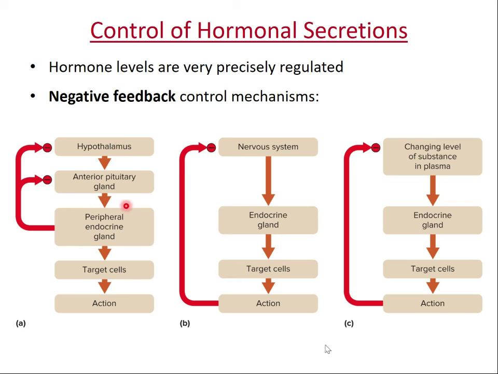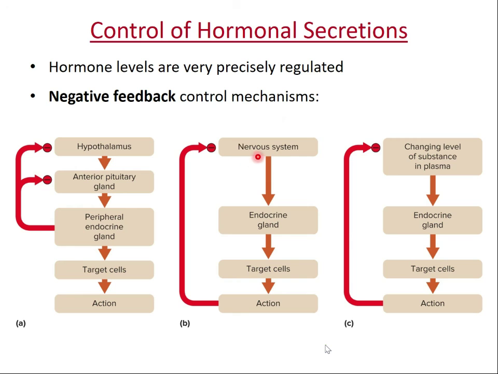And as it goes through performing its action, there will be signals that come back to the starting organ and say, now we have enough, so stop producing that particular hormone. So, for example, if the hypothalamus activates and produces certain hormones that go and perform their function, some intermediate product can come back to the hypothalamus or even the anterior pituitary gland and say, now we don't need it anymore.